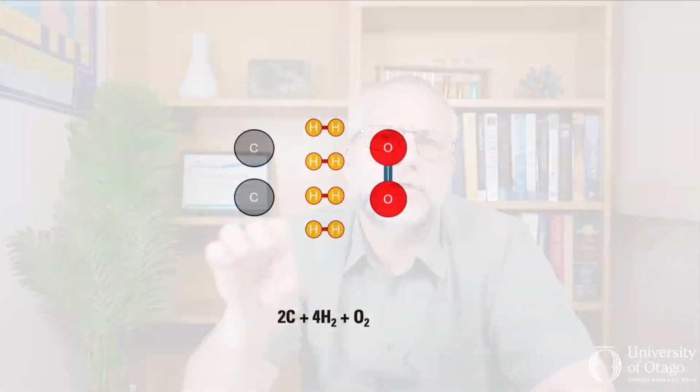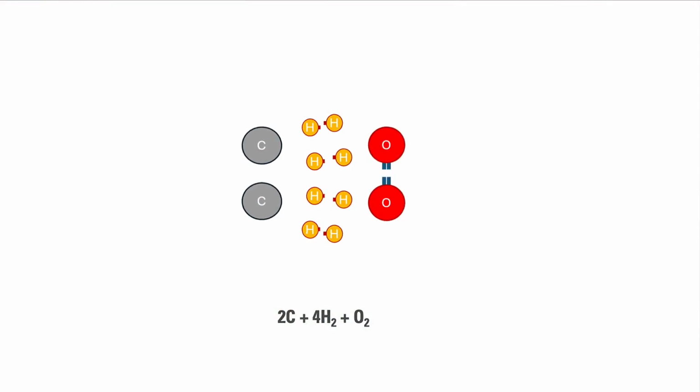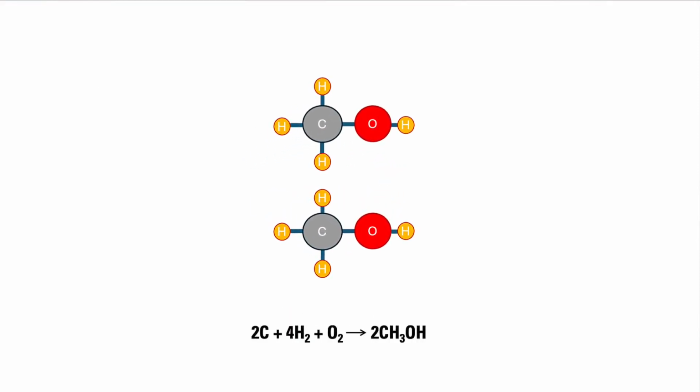You could imagine you could just write C plus 2H2 plus O gives CH3OH, but you can't just write O, because that's not our reactant. That's not our ingredient. Our ingredient is O2. So in order to have a balanced chemical equation, we need both of those oxygens being incorporated into methanol molecules, and that in turn means we need two carbons and four lots of H2.